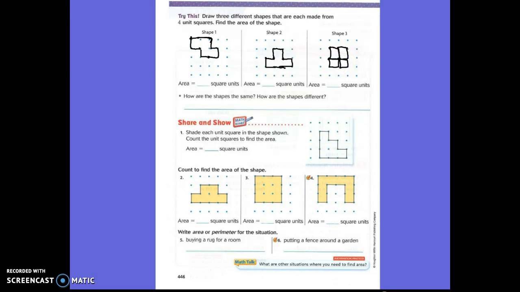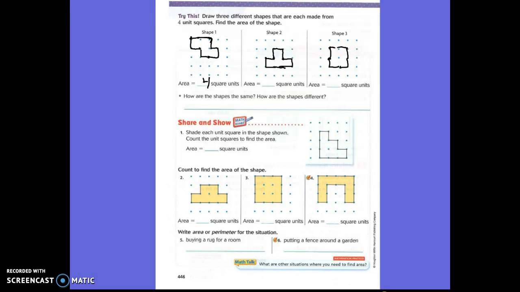Alright, and if I just erase these in the middle, it would just be a square. But each of these is still 4 units. So the area is 4. Now, you may not be able to see that it's 4 when there are no lines to show they're all separated.